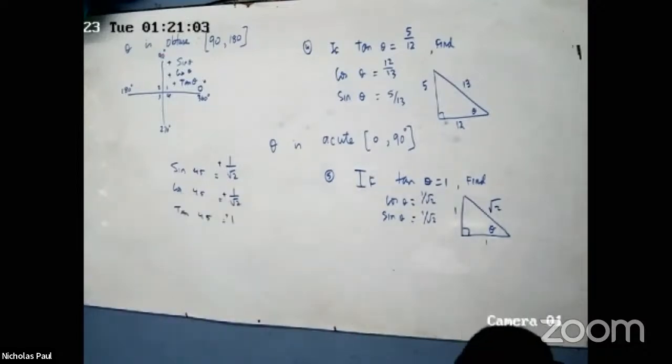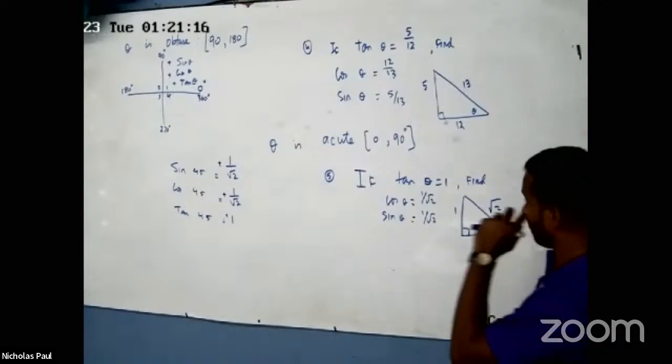So what we learn here is that every sine, cos, and tan value is positive between 0 and 90. Okay? So once it's acute, everything is positive.